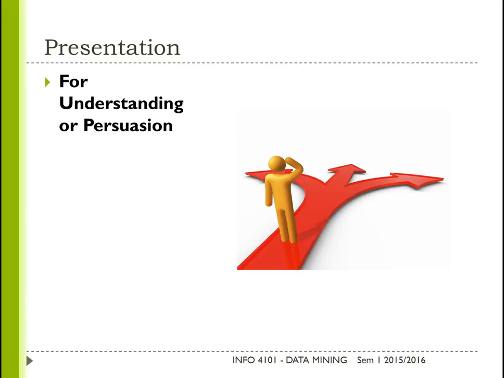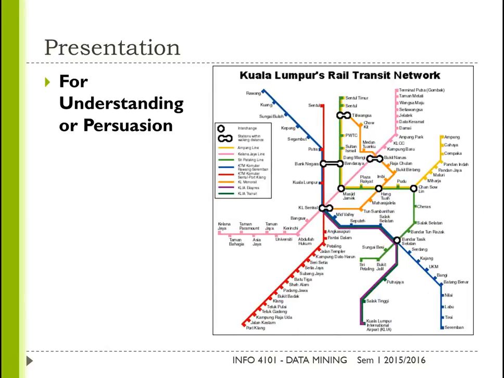But once we know, say we focus on one particular option in which this person can take the LRT instead of driving, then it's easier for us to describe from Subang Jaya down to Gombak. Okay, so we can actually show it in the form of a map, in which they can simply take the LRT from Subang Jaya.